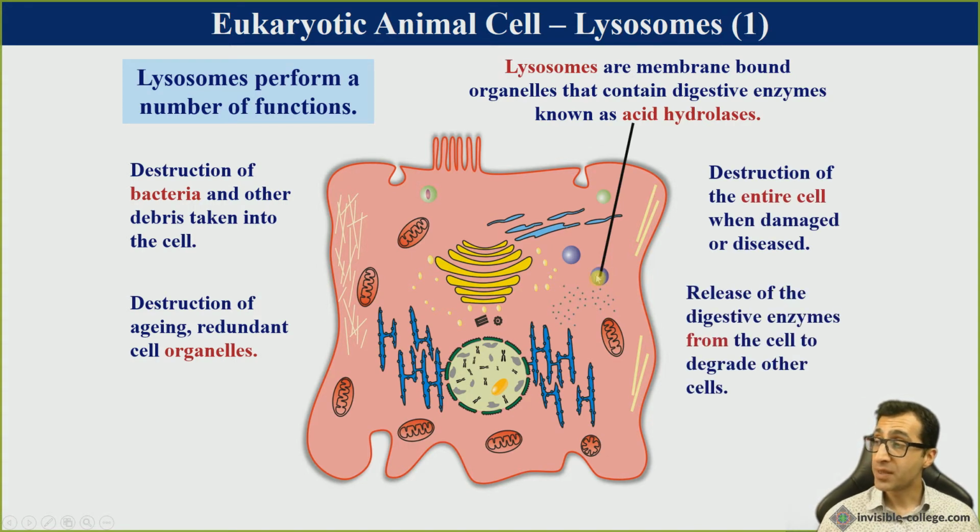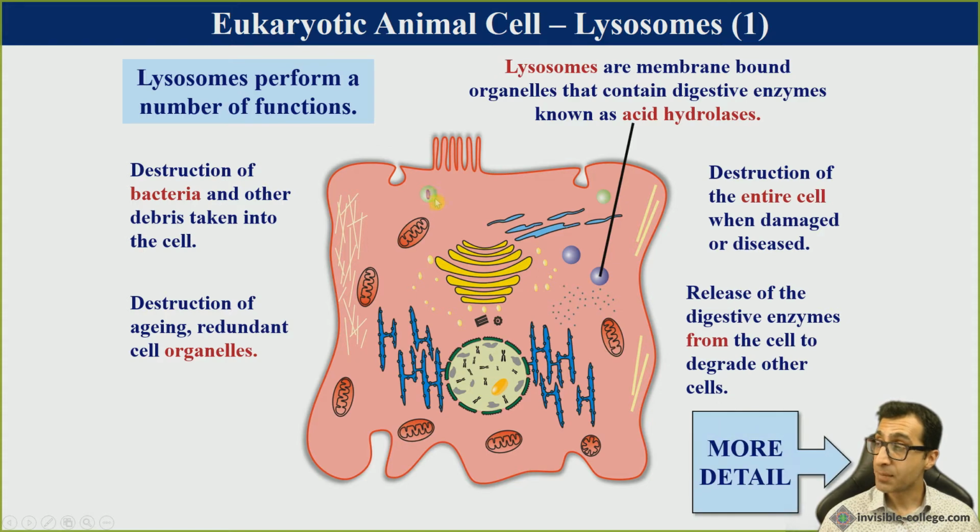So, for example, these will fuse with vesicles containing bacteria such as phagosomes, which are produced by phagocytosis, and the contents of the lysosome containing acid hydrolases such as lysozyme will mix with the contents of the phagosome, and the enzyme within here will then digest and break down that bacterium, and then the products of that digestion can be absorbed and used by the cell, and any waste products can then be exocytosed. And also, when cells become damaged or tissues become damaged by disease, for example, or injury, these lysosomes will then break open and start to break down that cell's internal contents.